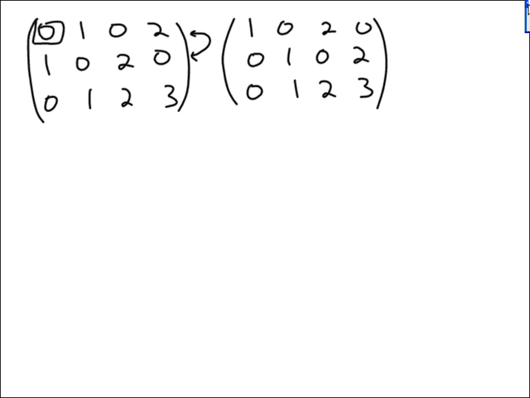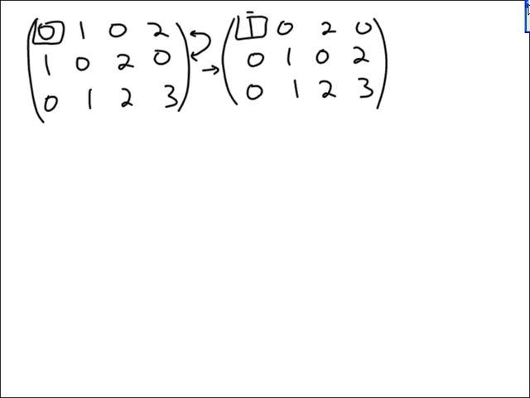So in the first row, here's our leading entry. And what's above and below is zeros. If there is no above, let's just understand it's okay. All right, so column 1 is done.